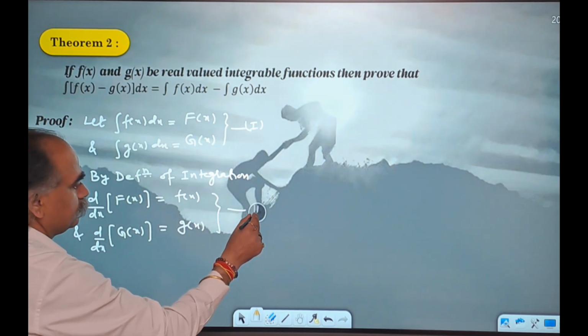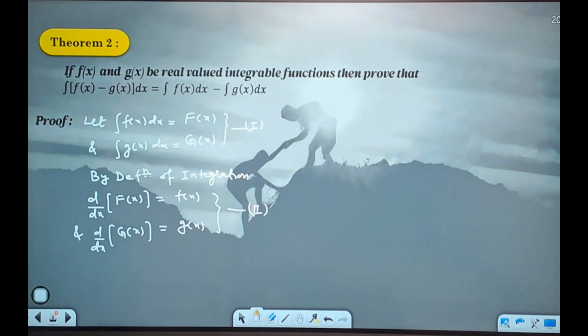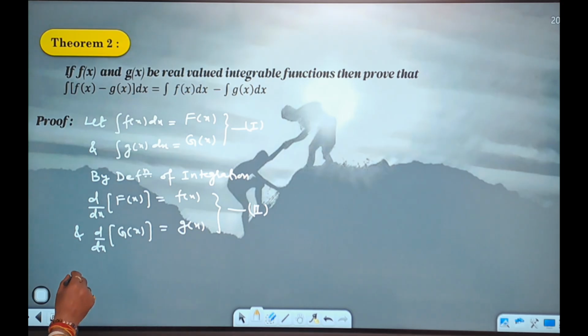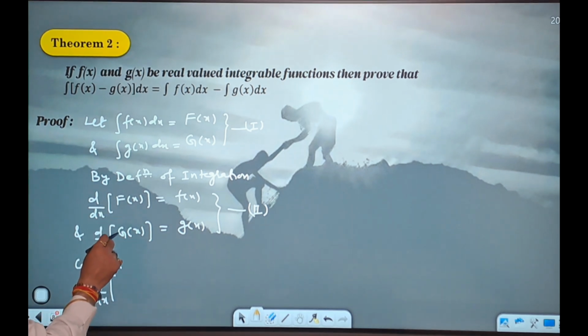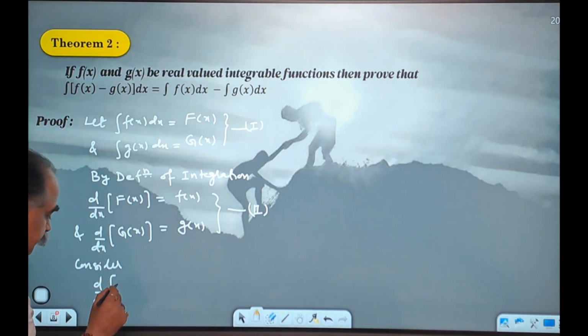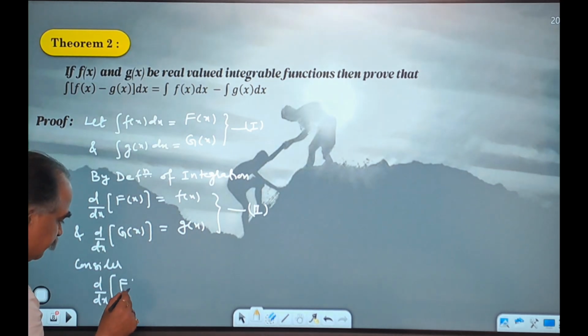Equation number 2. We are proving integration of difference, so we will take derivative of difference. Consider d by dx of the difference of capital Fx and capital Gx.